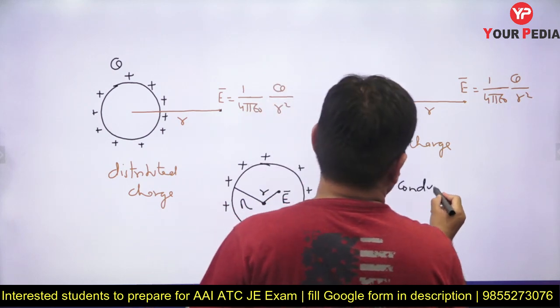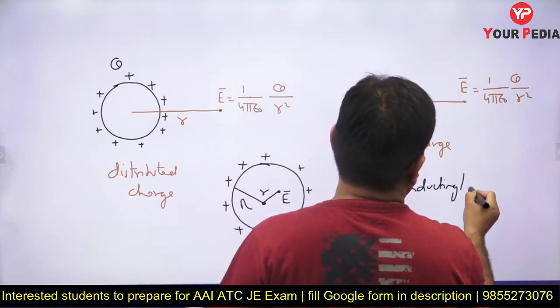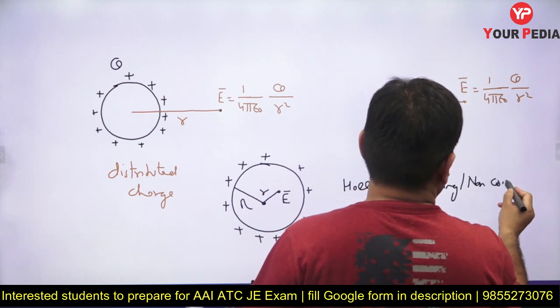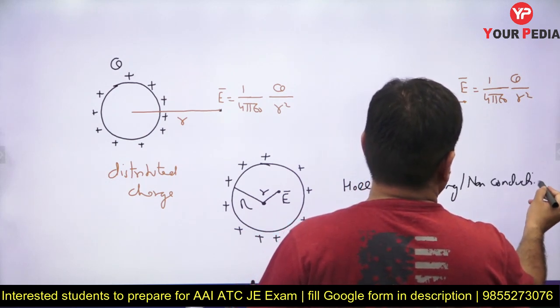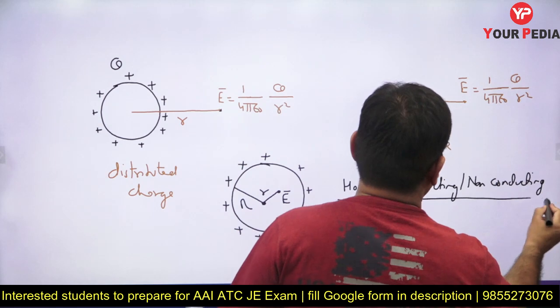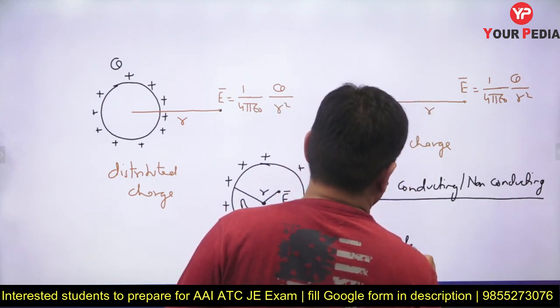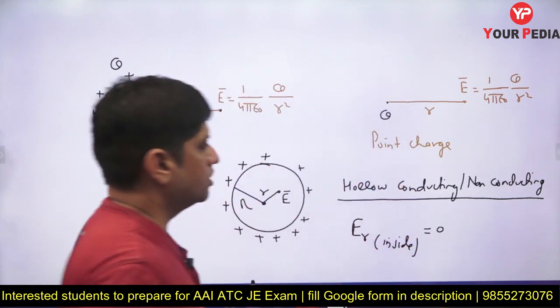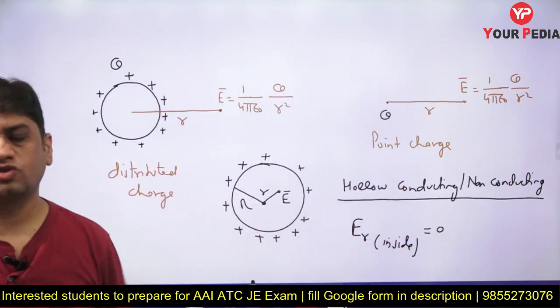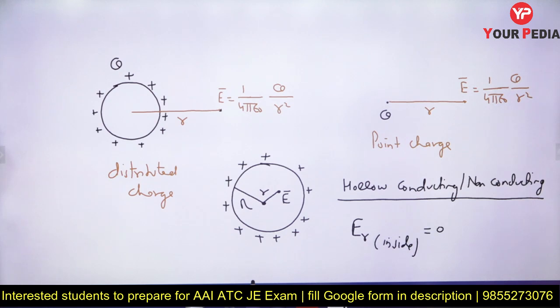If I give you a hollow conducting body, what will be E at r, that is inside that surface? It will be 0. Why? Because there is no charge, so the electric field will be 0.